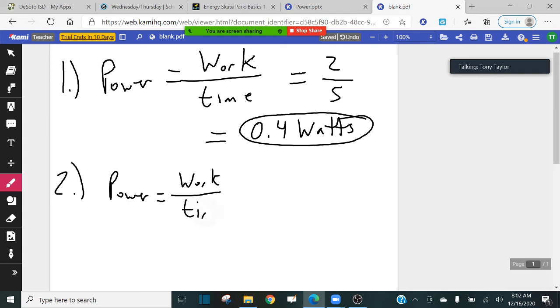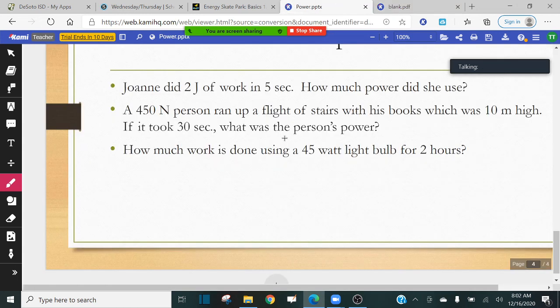That's his weight, and we're also given how high he went.